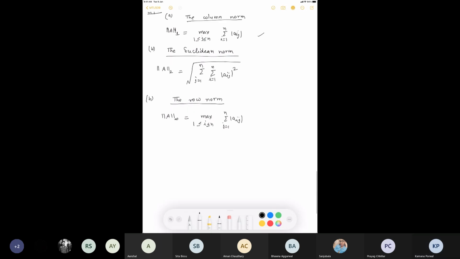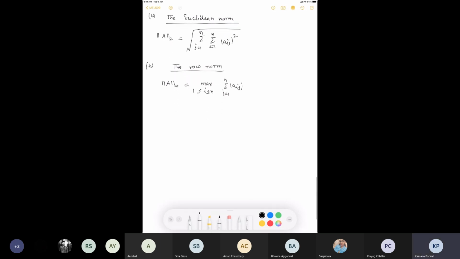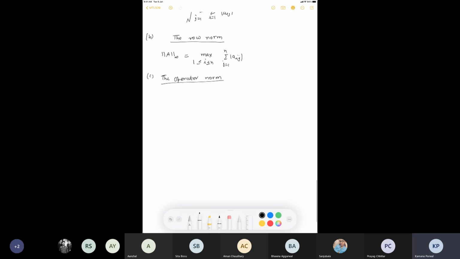Okay. Now there's one more norm which we will be using, the operator norm. And I think this is the one which you would have seen in the functional analysis course if you have already done it. Have you guys done the functional analysis course?